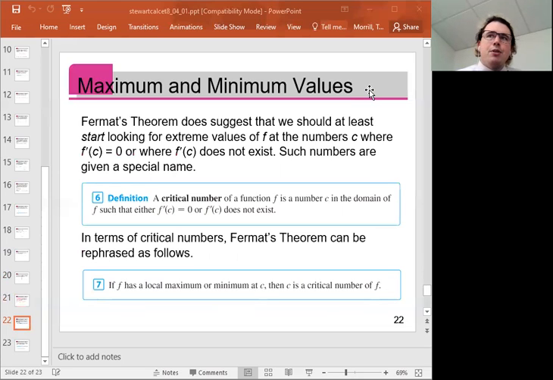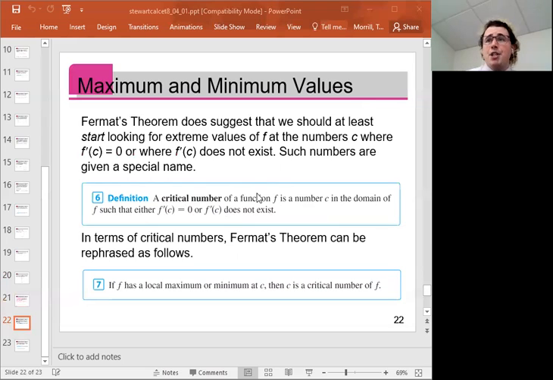We are going to have a new classification for our coordinates. So if I have some x coordinate c so that the derivative of my function is 0 at c, or the derivative of the function does not exist, then I'm going to call this c a critical number or a critical point.